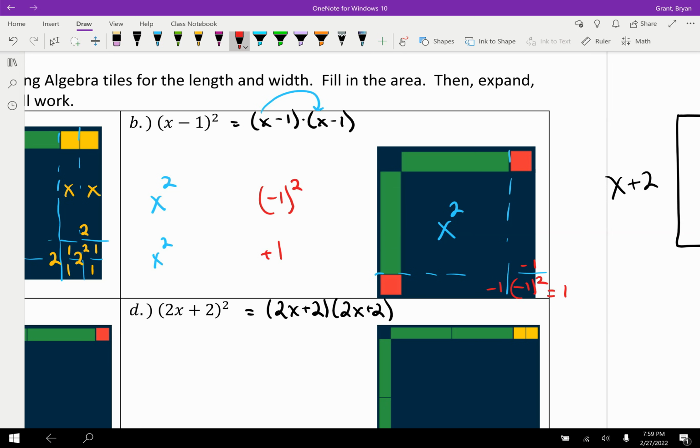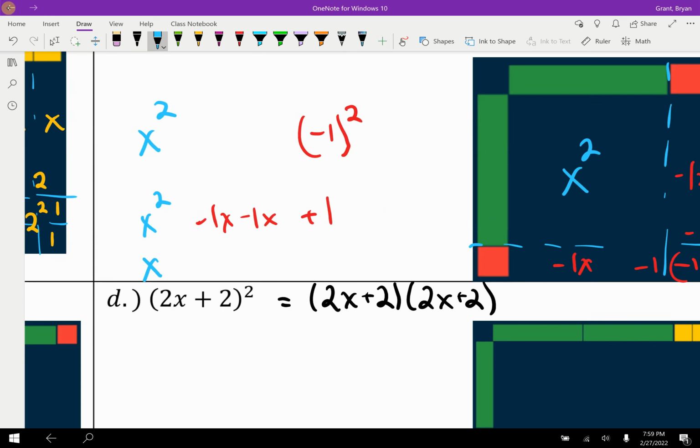This area down here is +1. And I should make this a positive color for you guys. But then what happens for the rest? Well, we have a -1x and another -1x. This middle term is either adding or subtracting to itself. So in fact, you could double that middle term to get x squared minus 2x plus 1.